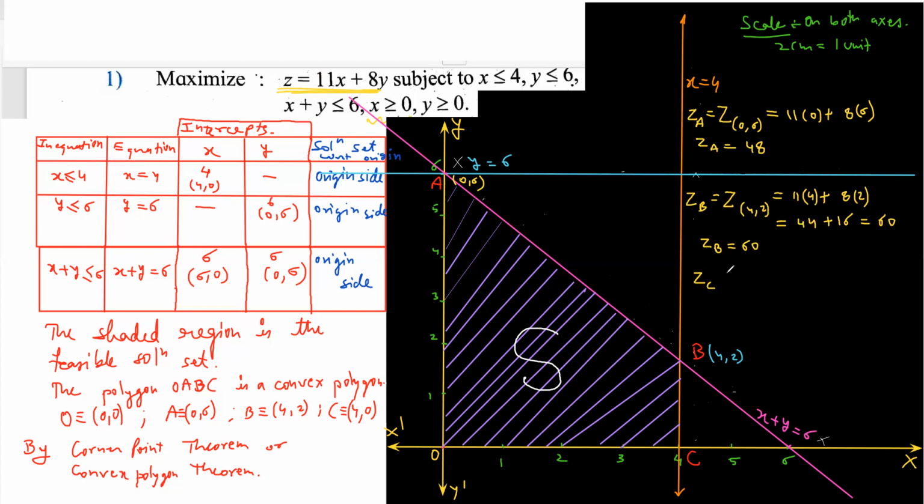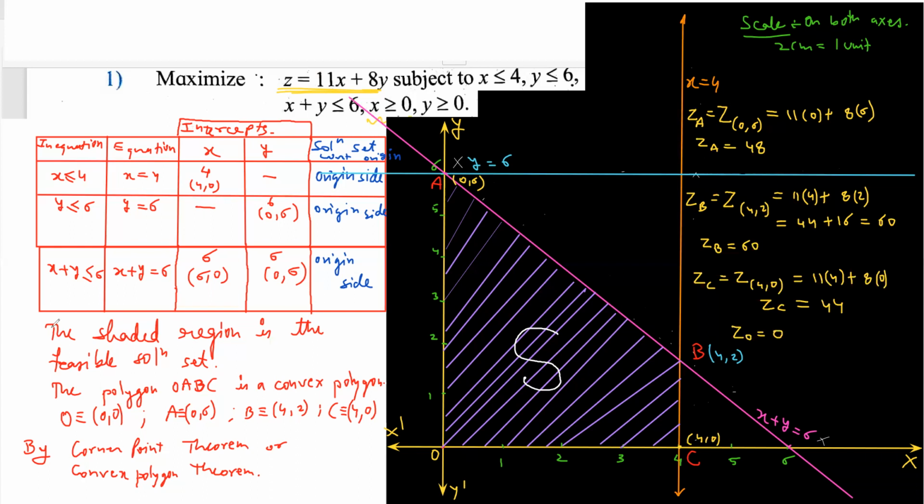Then ZC is Z at 4, 0: 11 into 4 plus 8 into 0, so ZC is 44. ZO, at 0, 0, is going to be 0.